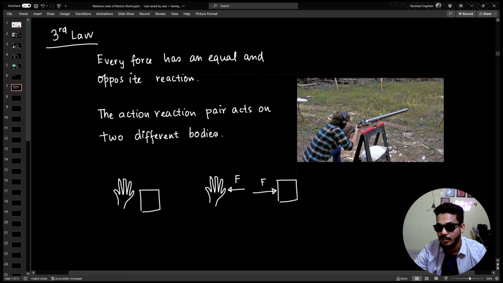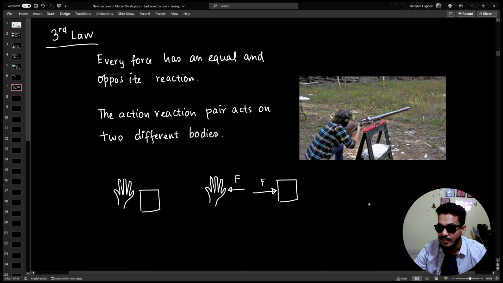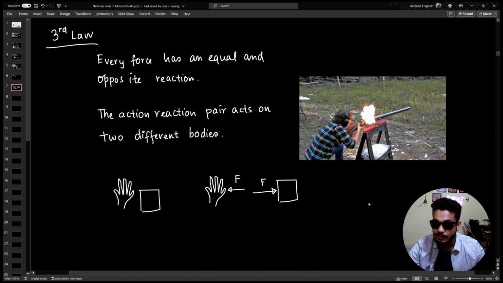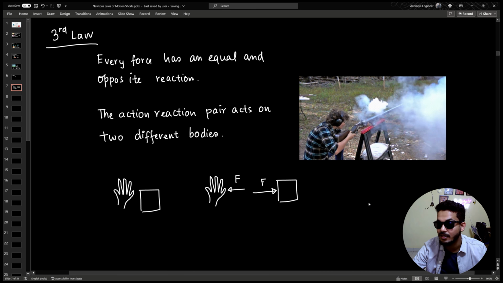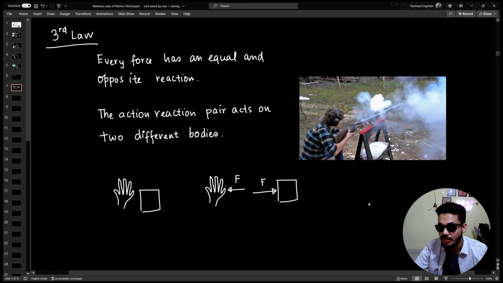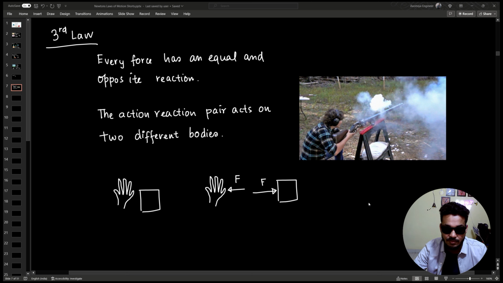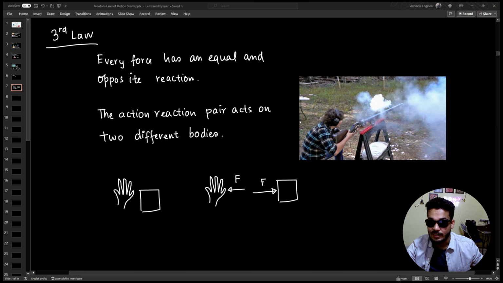So when the gun fires, this is a perfect example of recoil, and the recoil is a perfect example of the third law in action right there. The gun applies a huge force on the bullet, which pushes it forward, and in the same way the bullet also applies a huge amount of force on the gun itself.